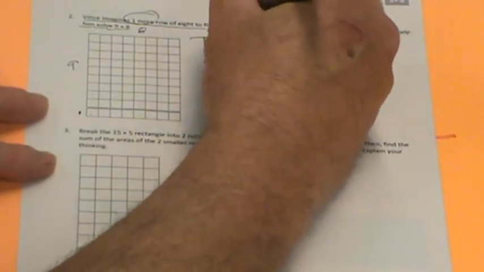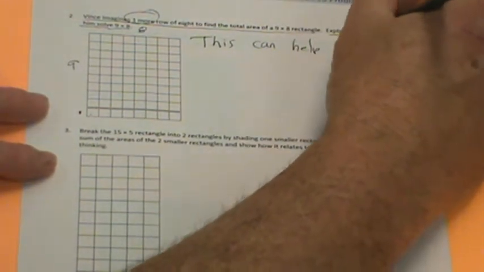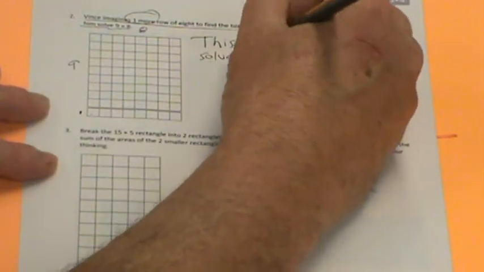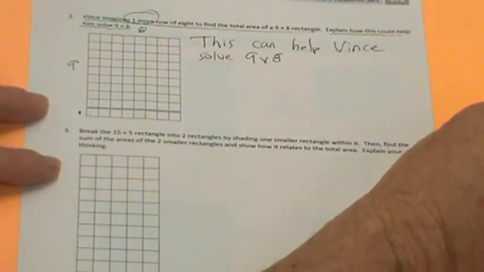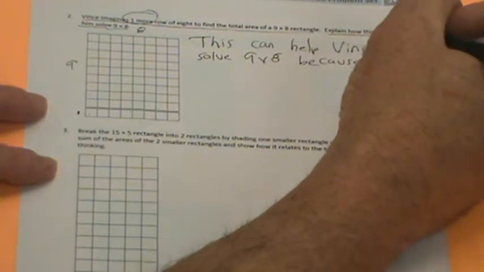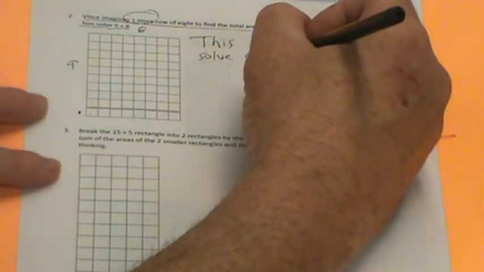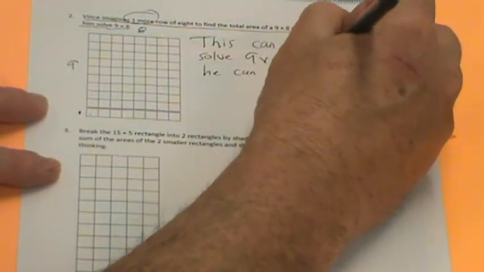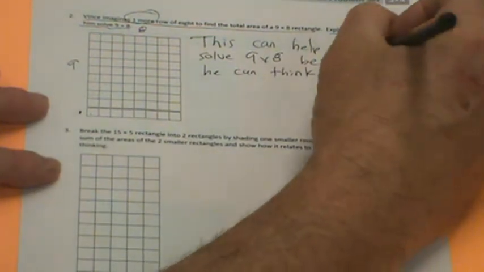And if we didn't know 9 times 8 off the top of our head, we could say that, okay, Vince, we'll say this can help Vince solve 9 times 8 because now he can think of it as 10 times 8.